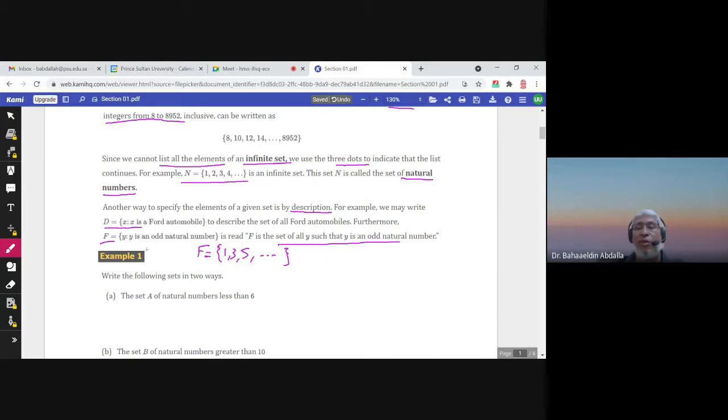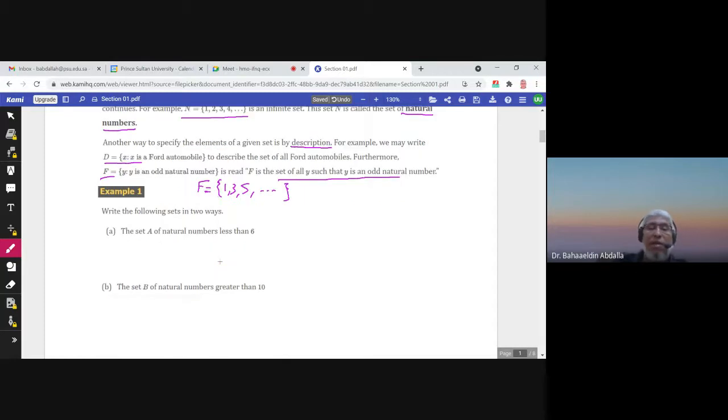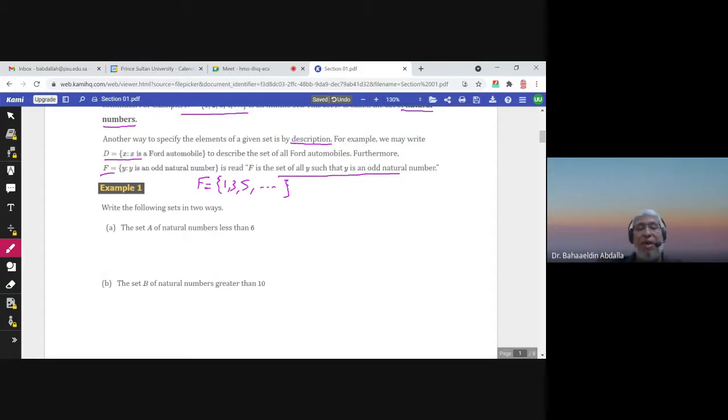So either you describe the set or you list the elements inside the set. Let us see this example. Write the following sets in 2 ways. The set A of natural numbers less than 6. So 1, 2, 3, 4, and 5. This is the set A by listing the elements.